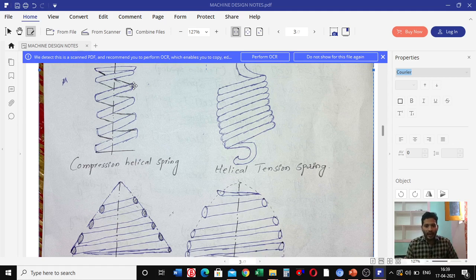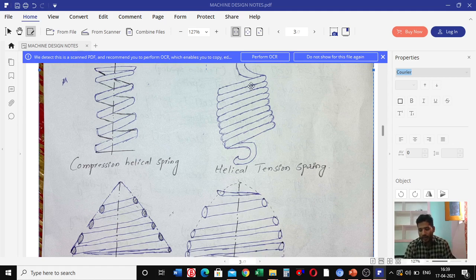Okay dear, again we are going to discuss helical tension spring. This helical tension spring is also called closed coil spring, because each coil is closely related to the other, so for that reason it is called closed coil spring.